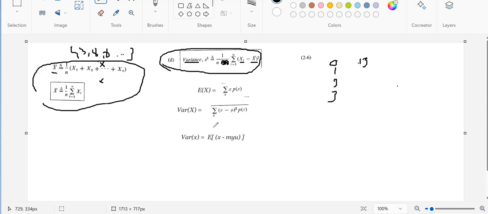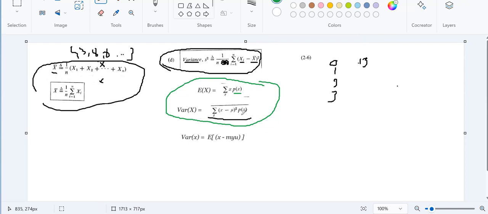Okay, so I just wanted to point out that there is another way to write the variance of x instead of this way. Well, compare these two. So this part here is a little bit similar to this part here. What do I mean by that? Well, they both have a p of x there.